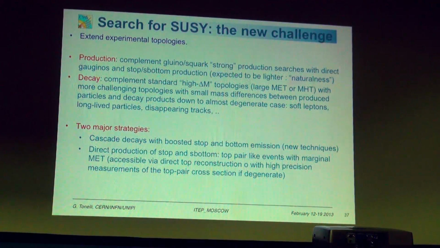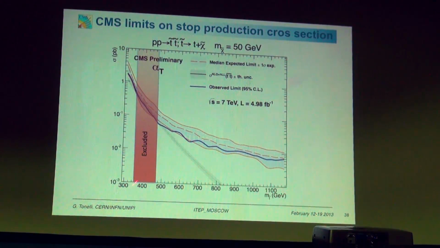So we look for something which looks like a heavy top or a heavy bottom without basically missing ET in the event. And these are, for example, the limits that we can produce on the stop production cross section as of today. But you see that the limits are weak, 450, 500 GeV.